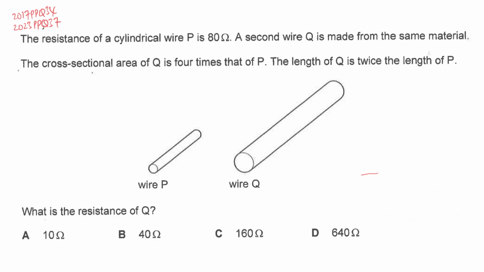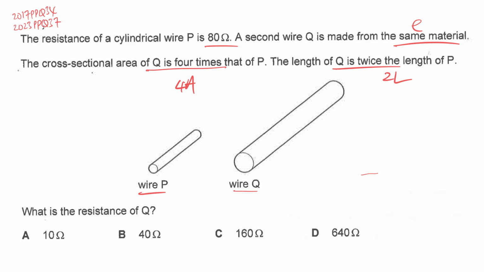Next question, similar to the previous one, you have a resistance that is 80 ohms, that's your P, and you have Q, another wire of the same material, same resistivity. The cross-sectional area of Q is 4 times, so it's 4A, and the length of Q is 2L, twice the length.